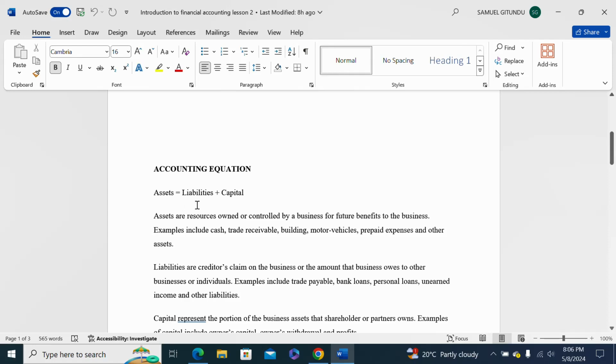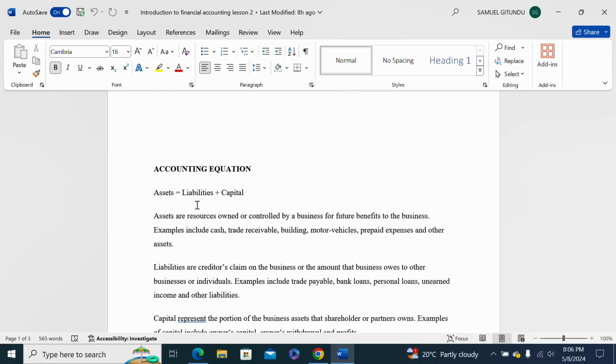Your assets must always be equal to your liabilities plus capital. Why is this the case? This is because of how a business is financed.